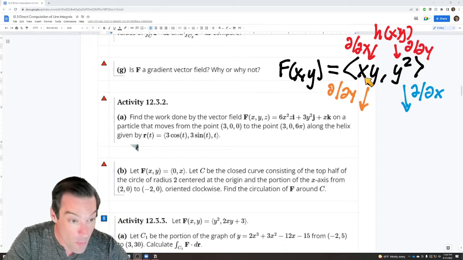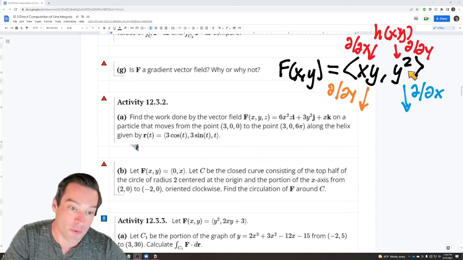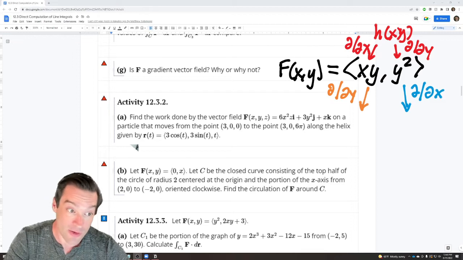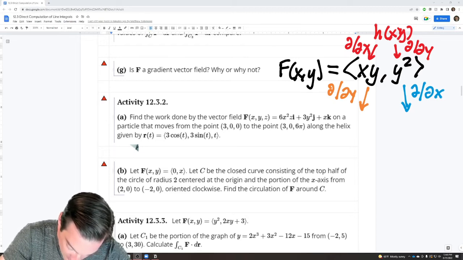And so if I take the y partial of the x component, I'm going to get the xy mixed partial derivative of h. And the x partial of the y component would be the yx mixed partial derivative of h. And as long as those two are continuous functions, they should agree with one another in the case that this is a gradient vector field. But if they don't agree with one another, then it is impossible for this thing to be a gradient vector field.